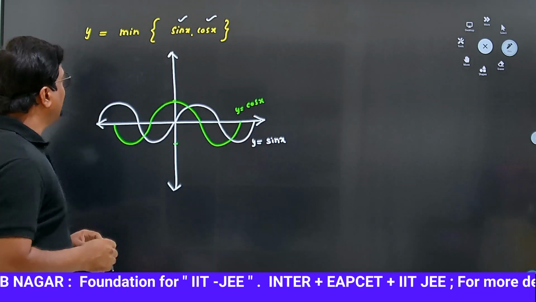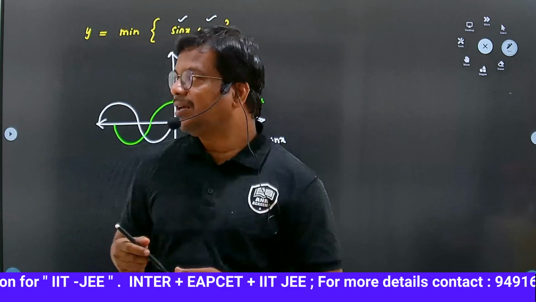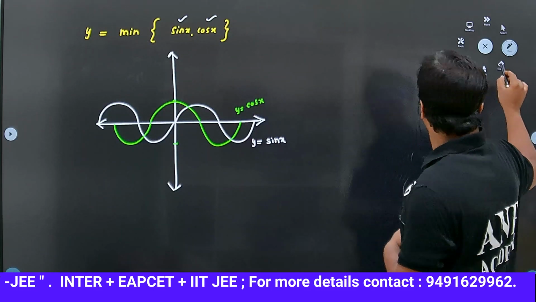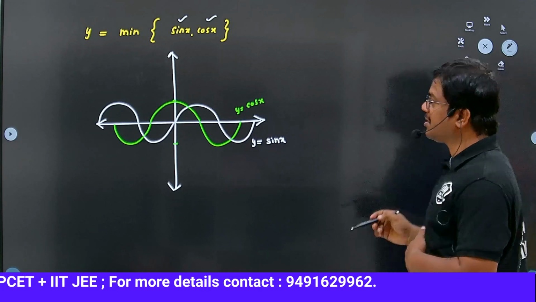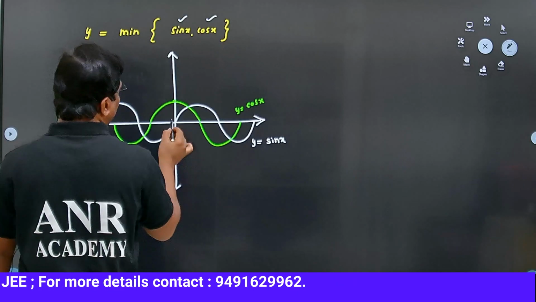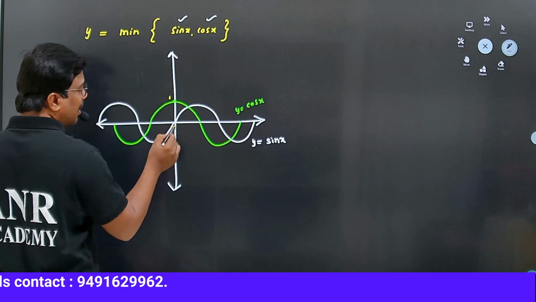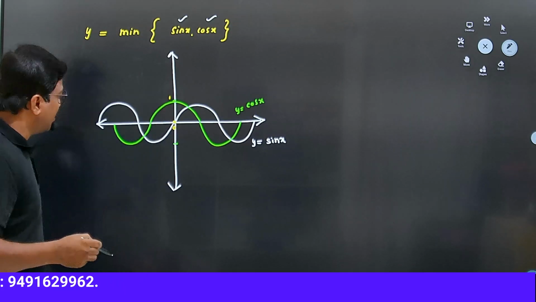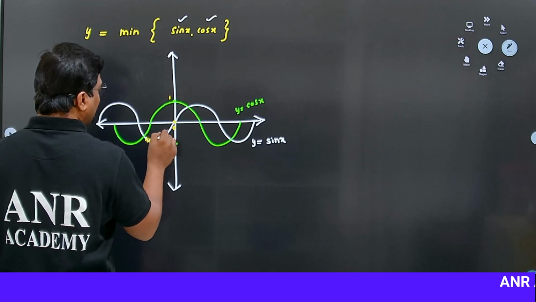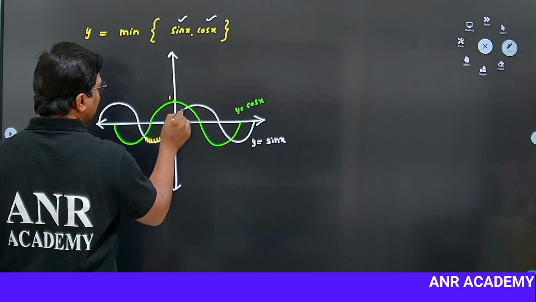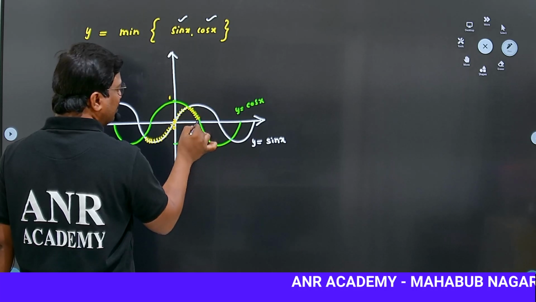But here the required graph is minimum of sin x comma cos x. Now you have to choose the minimum quantity from both sin x and cos x. Particularly at origin, the value of cos x is 1 and the value of sin x is 0, in which the minimum is 0, right? See here, this is the minimum portion of these two graphs, and here observe green colored is minimum compared to white colored.